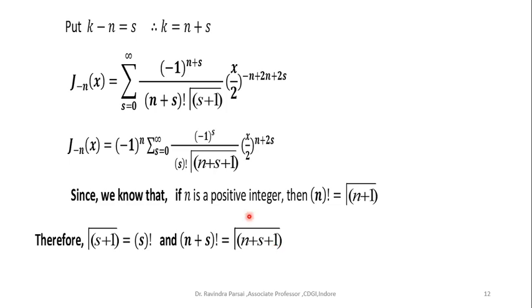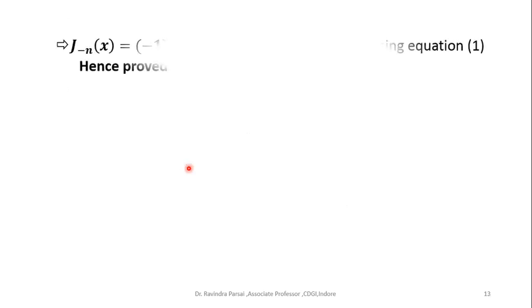So gamma of s plus 1 is reduced into factorial notation, and this factorial notation is converted into gamma form. Why are we doing this? Because our objective is to convert into our standard pattern. That's why the right hand side can be written as the Bessel function of first kind, Jn of x, by using 1. Hence we prove this result.